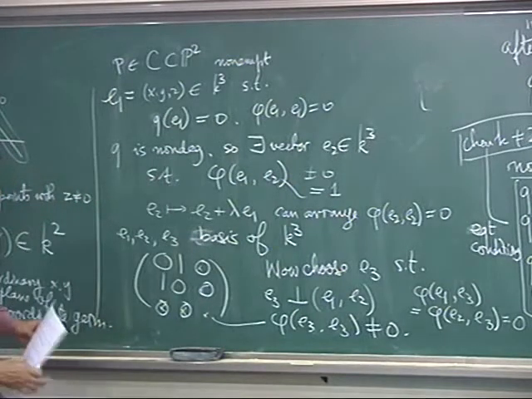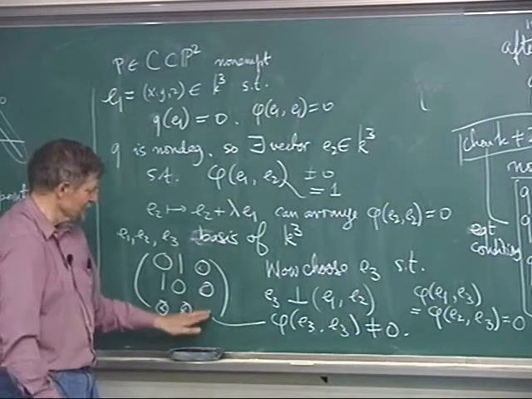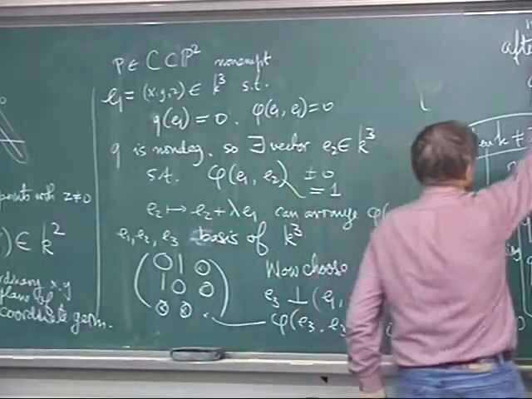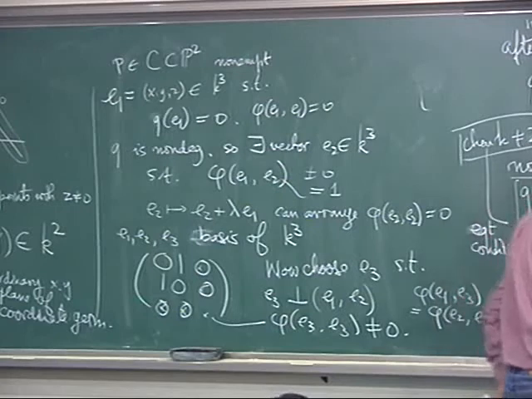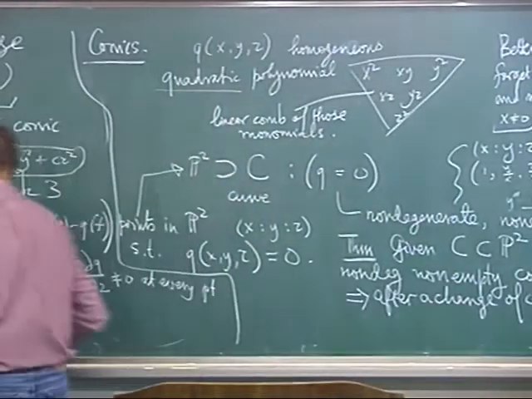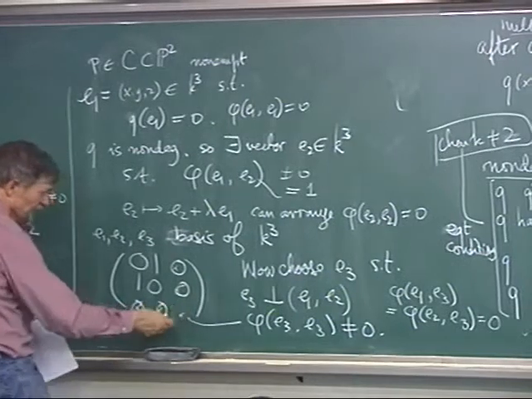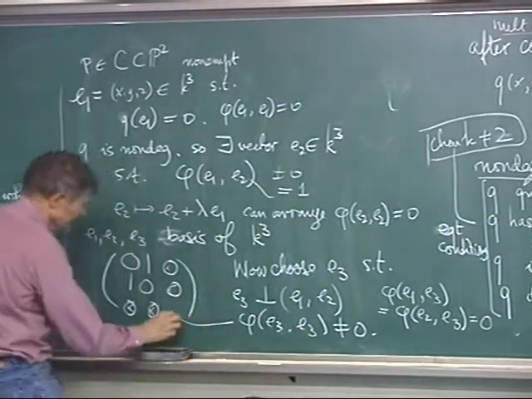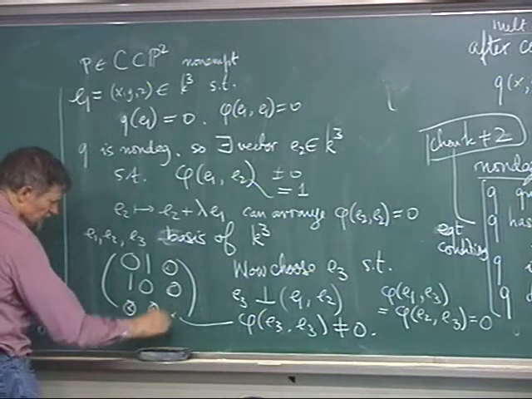Now, there's still a problem of taking the square root of whatever this number is, which is why I say I'm allowed to multiply Q by a scalar. I'm not interested in Q itself, but only in the condition Q equals 0. If I multiply Q by a non-zero scalar, it doesn't matter. So after doing that, I can assume this one is a square. I can take the square root of it and put it inside the E3 there and arrange for this to be 1 or 2 or whatever I like.